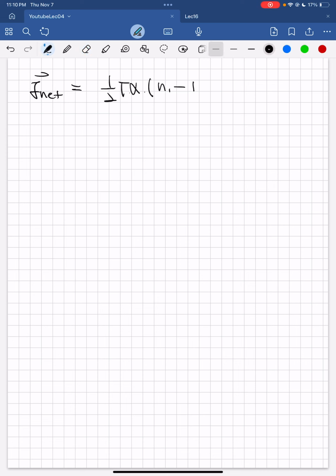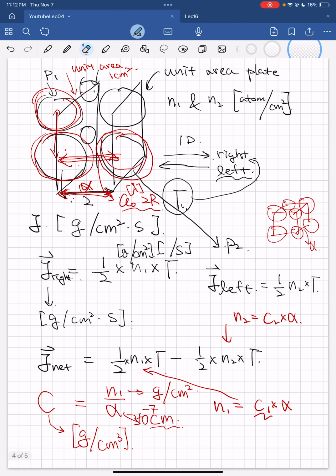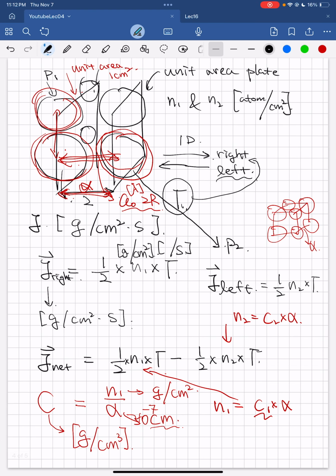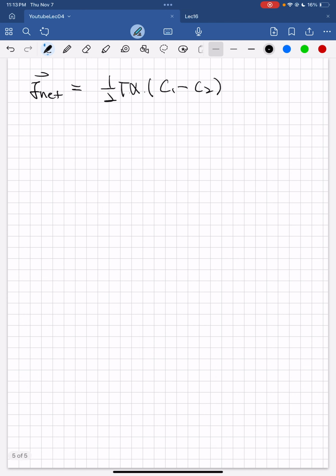C1 minus C2. Okay, so then it should equal to this, right?